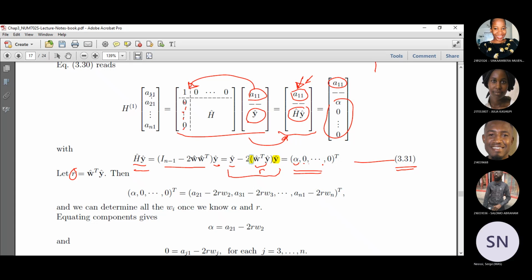Don't forget, this is Y. If we subtract this from Y, we have Y hat. So Y hat starts from A21 up to AN1. That is Y hat. If we write it here and expand that, we get this. I hope it is clear for everyone.